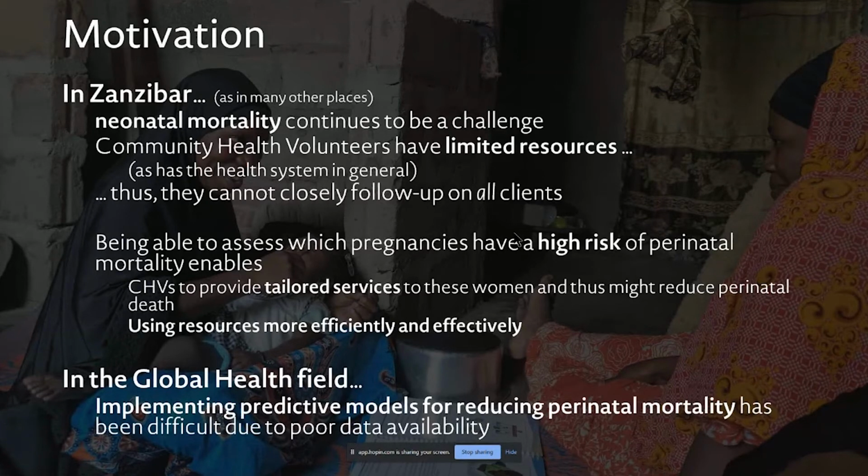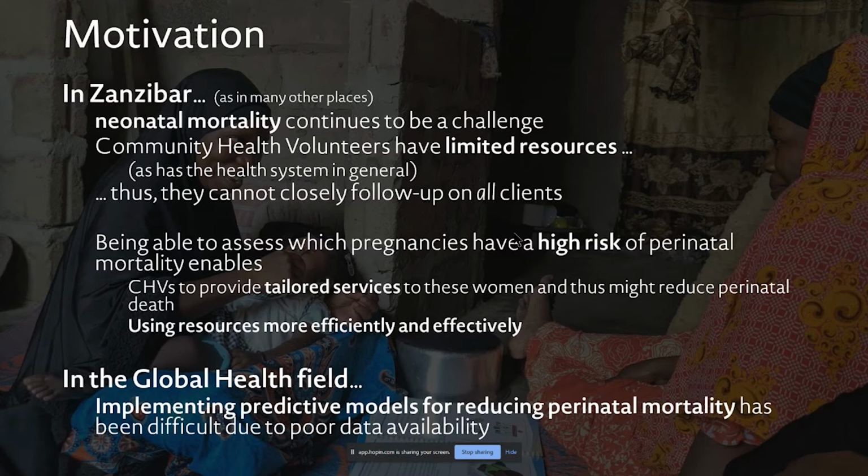On the other hand, community health volunteers and the health system in general have to work with very limited resources. So it's very difficult to design a health intervention that, for example, follows a blanket approach and just tries to increase service level for all clients.